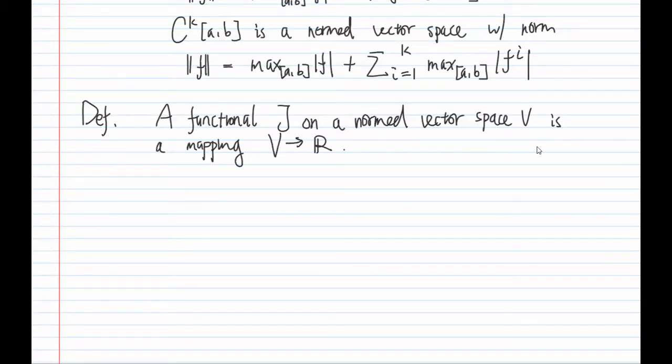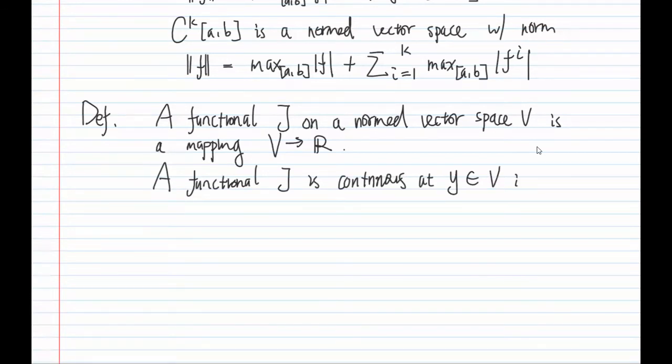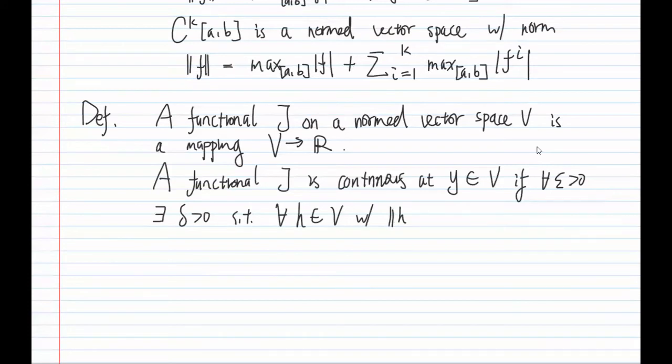Okay, so a functional is continuous at the point y inside the normed vector space V if for any epsilon larger than 0, we can find a delta larger than 0 such that for any function h inside the space V with the norm of h less than or equal to delta, we have the following.